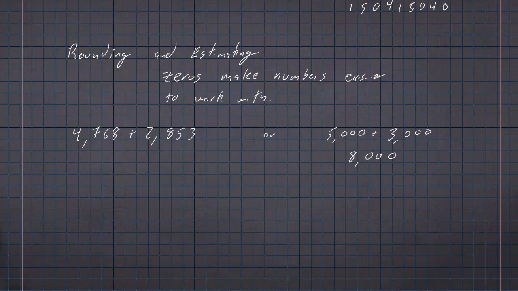The general rule of thumb for rounding is that we want to look at the digit that comes next. So for example here, to round to thousands, I looked after the thousands place and saw an 8.